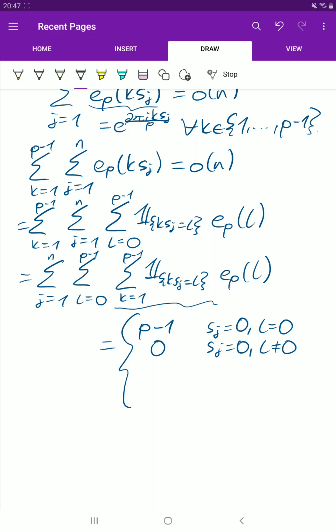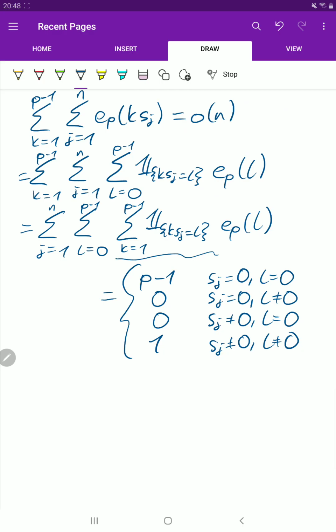Okay, so we have more possibilities. Let's say s_j is not equal to 0, but L is equal to 0. Again, this can never happen. And finally, s_j non-zero, L non-zero, and recall that we are dealing with a field, so this has a unique solution.